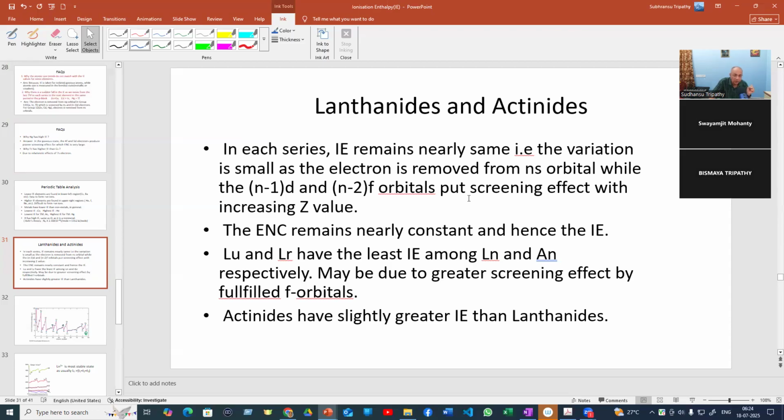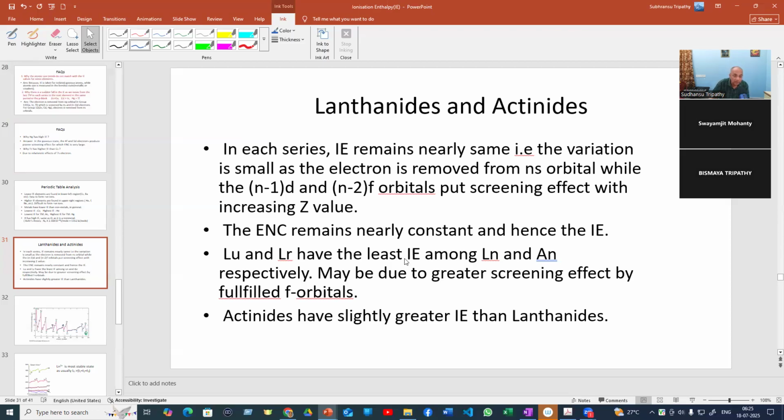The screening effect increases with increasing Z value. As Z increases it increases slightly, but 4f and 5d are screening the 6s of all the lanthanide elements, and similarly the 7s of the actinide elements, so there is not much variation. Nuclear charge increases, so it increases.